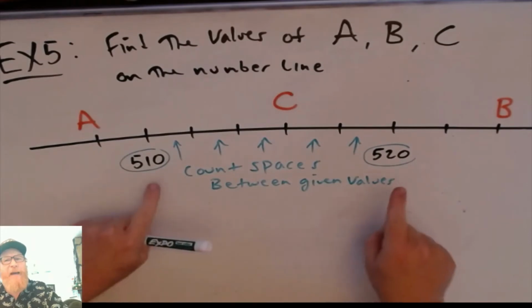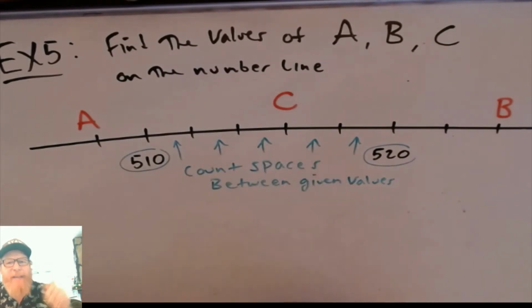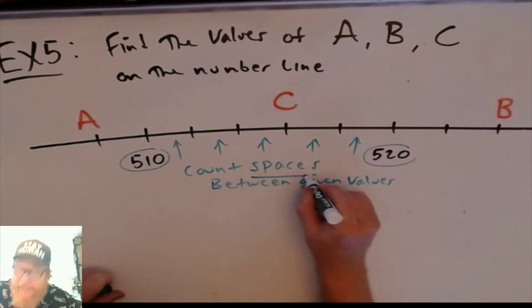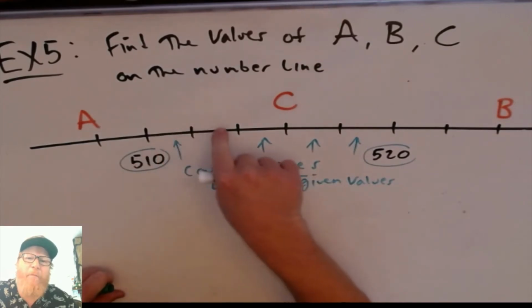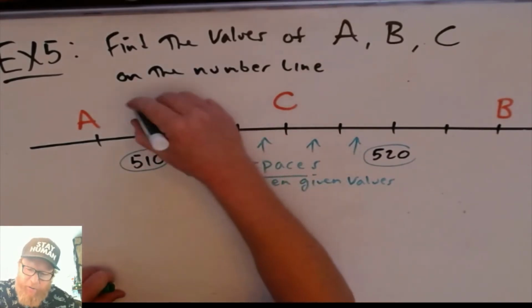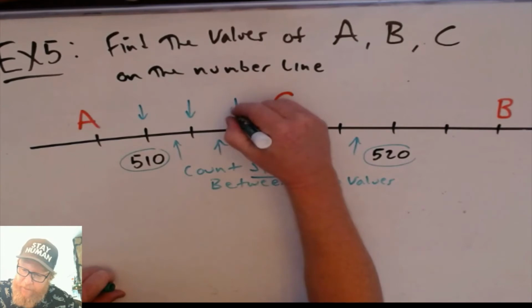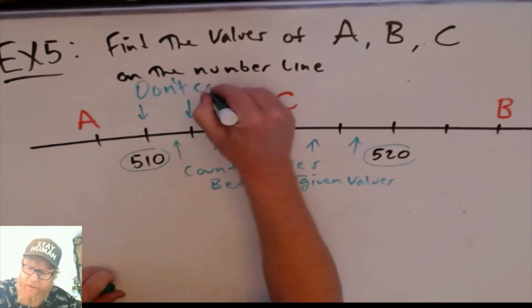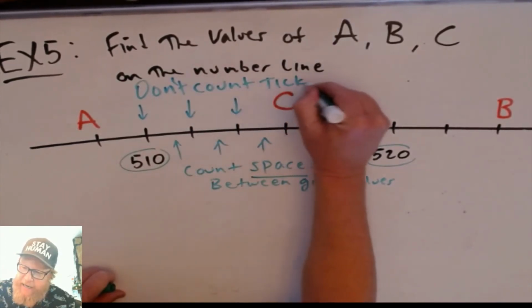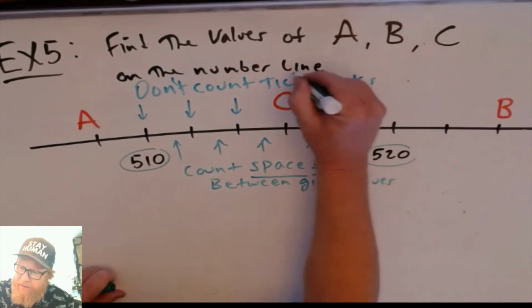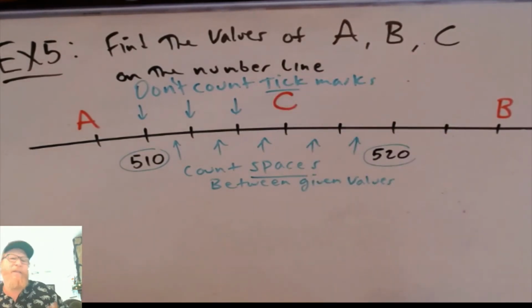So the 2 values that I give you, you're going to count the spaces. It's very important that you count the spaces and not the tick marks.